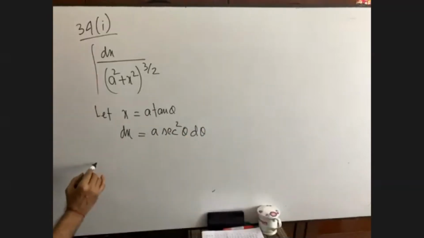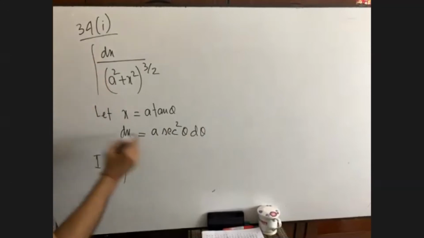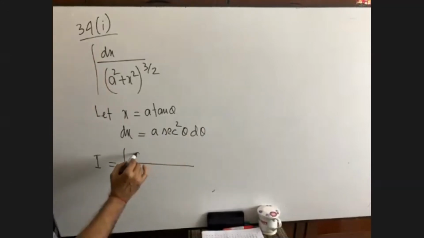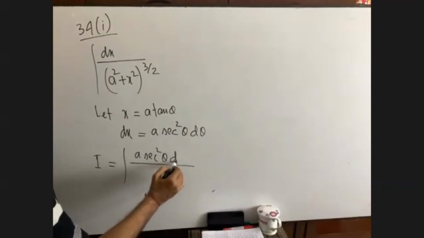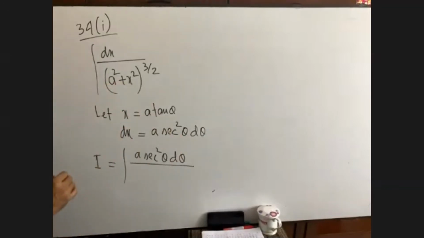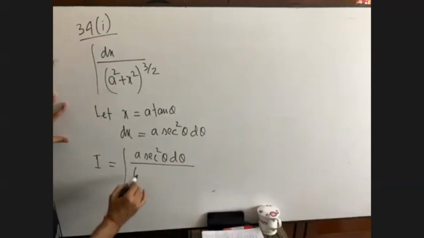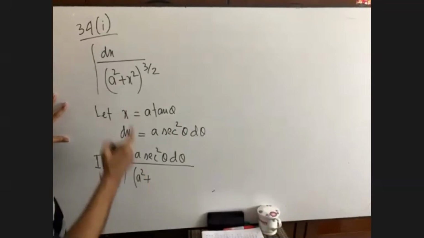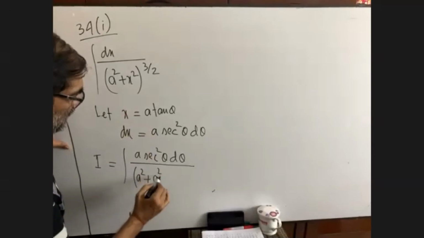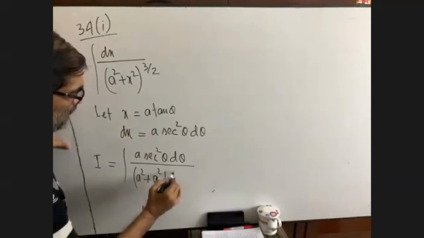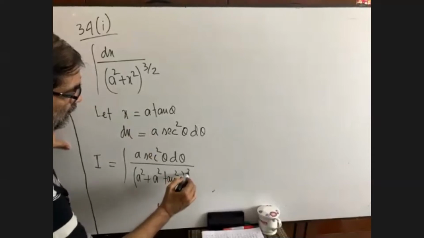That is, I for integration is equal to, you just go for writing. What is the value of dx? Dx is here a sec square theta d theta, right? Now you see, this is the hardest part. It is a square plus x square, that means a square tan square theta, power 3 by 2.